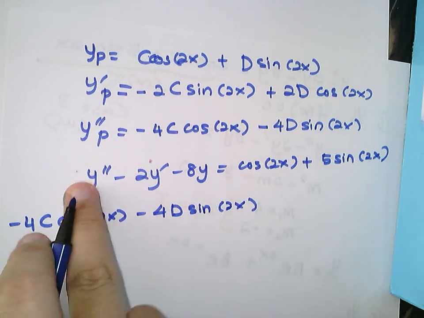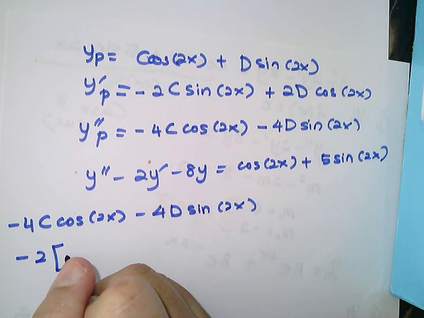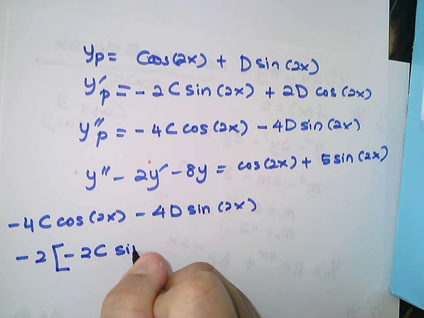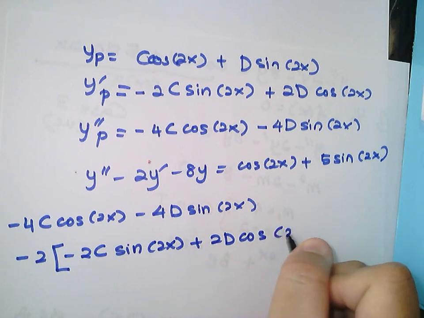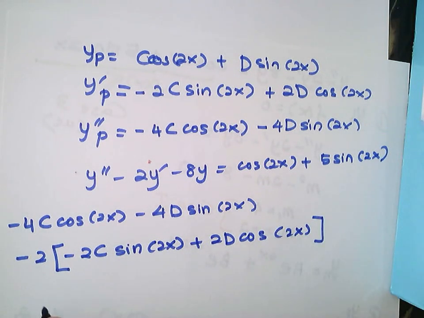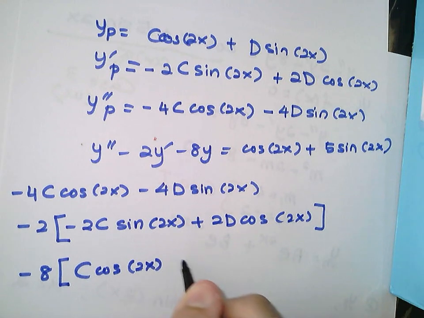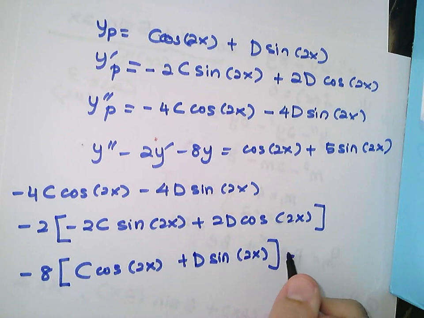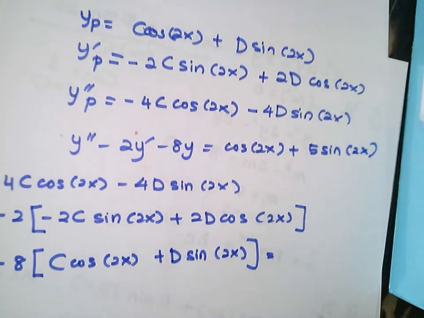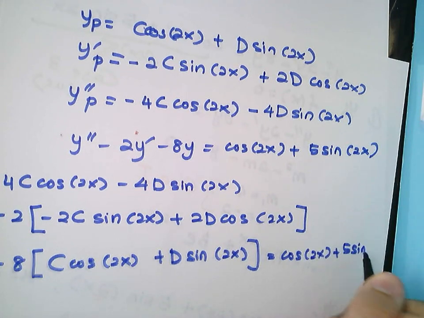So this is your y double prime. Minus 2, so what is your y prime? Negative 2c sine 2x plus 2d cos 2x, minus 8, what is your y? C cos 2x plus d sine 2x, which is equals to function on your right hand side, cos 2x plus 5 sine 2x.